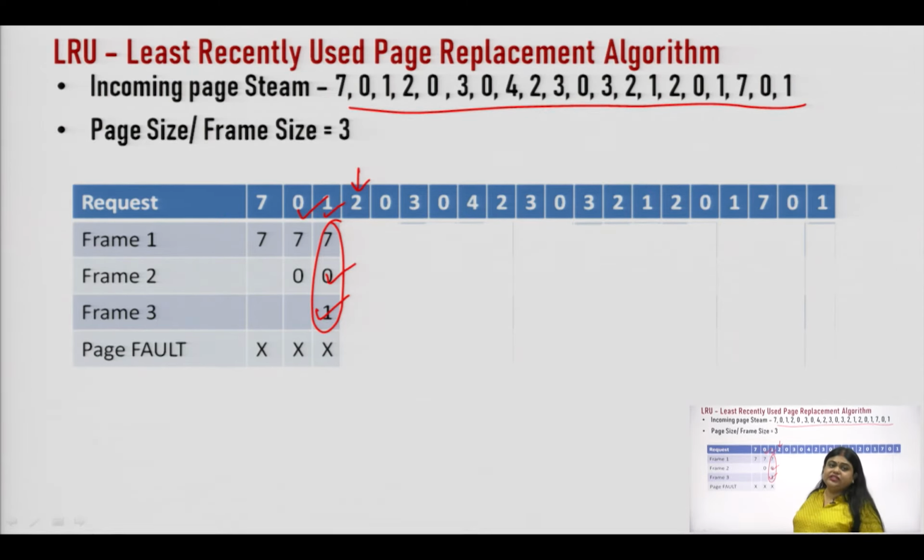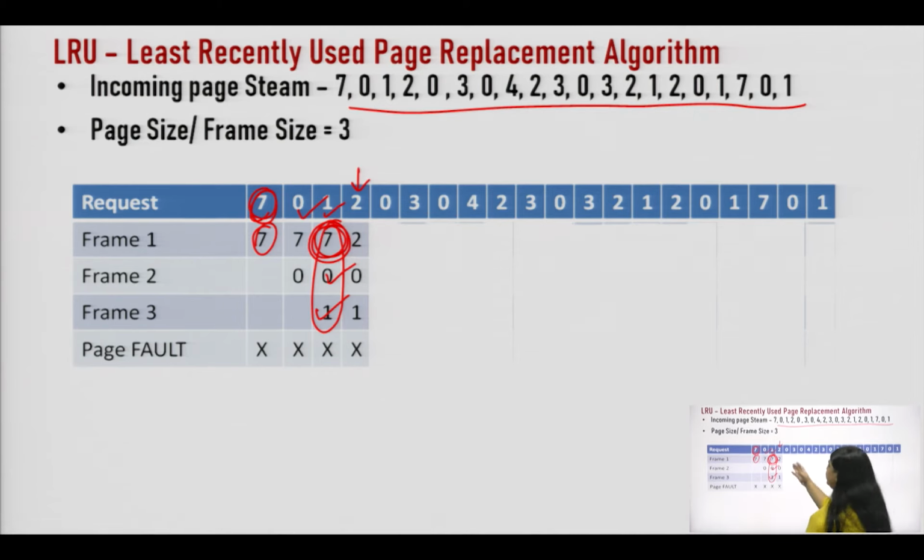So, the least recently used is 7. Now our target will be page number 7. So, 7 will be replaced by 2, right. 2 has replaced 7, because 7 was the least recently used page.